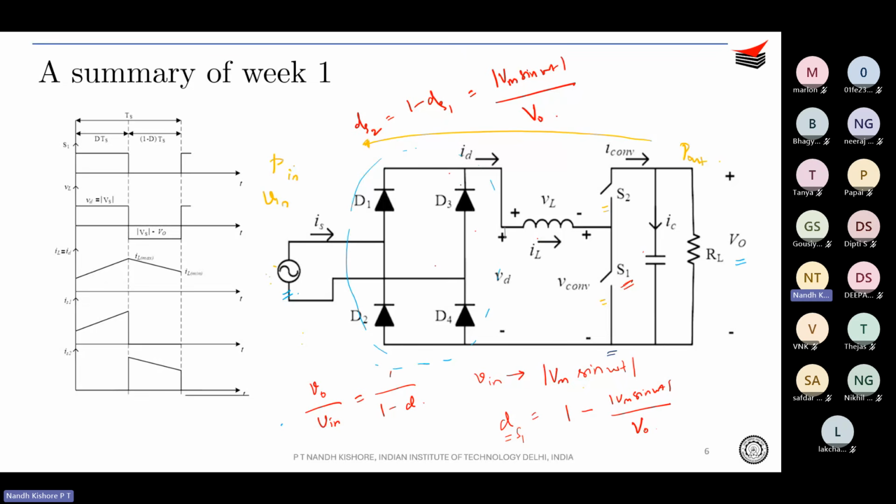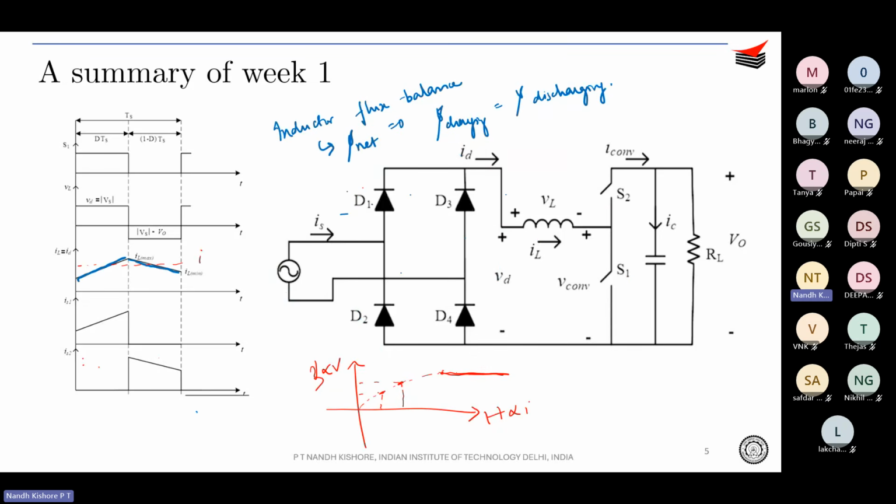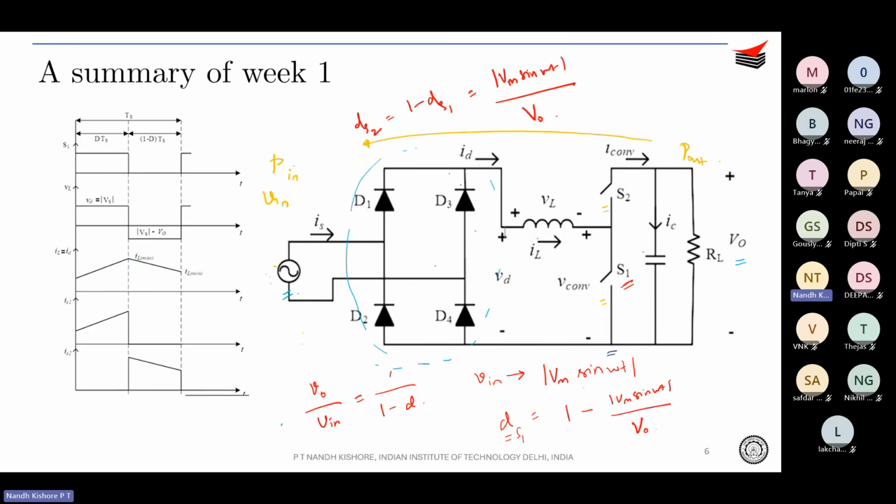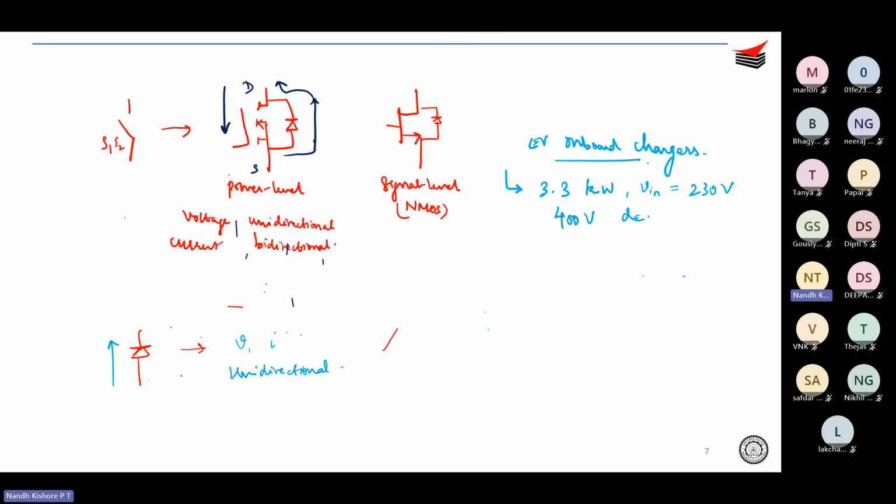So that is the reason people have started investigating bridgeless topologies. So this is a bridge-based topology, right? It's a boost PFC. It is based on a diode bridge. So people have started investigating bridgeless power factor correction topologies.